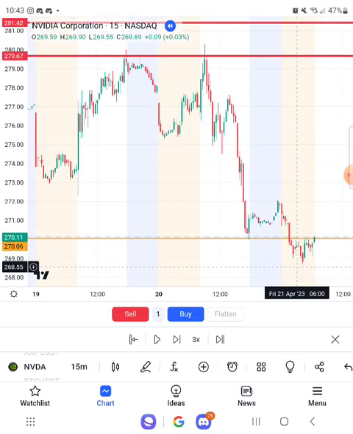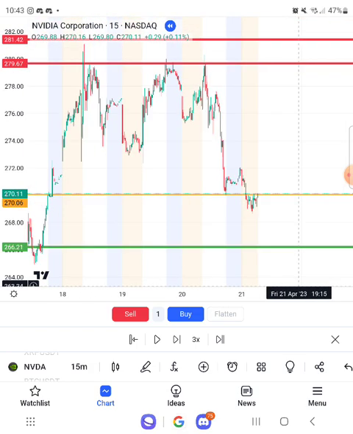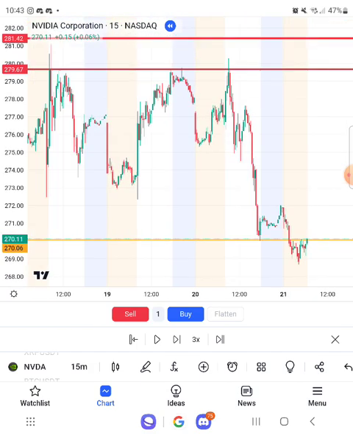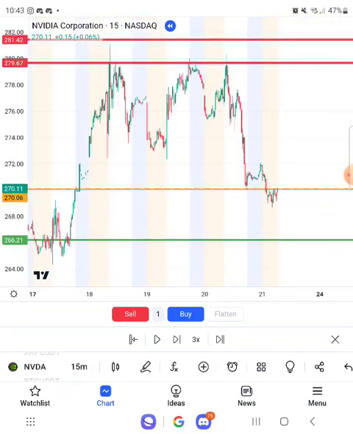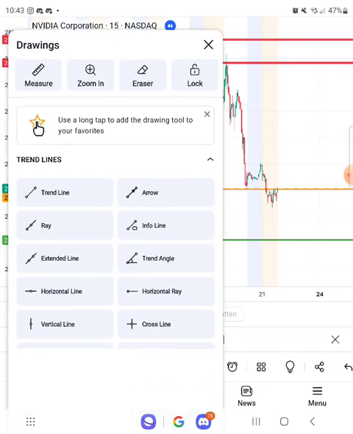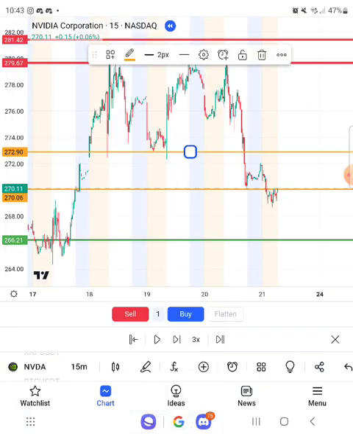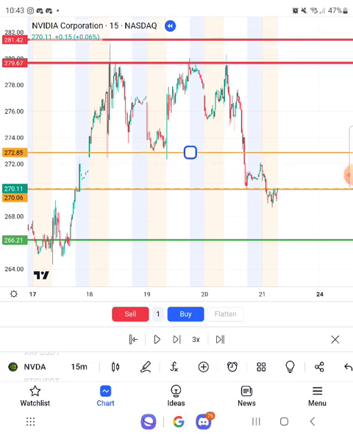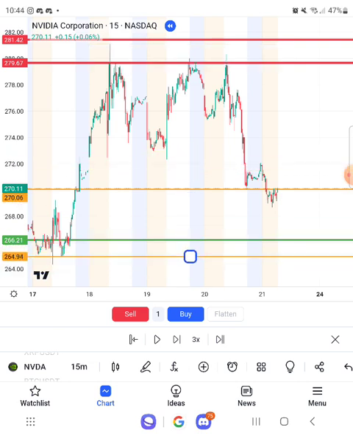This means that I'm going to mark my zone and be prepared in case the price does one action or another. So here, I'm going to mark this zone and I'm going to label them a certain way. I'm just going to mark supply and demand.